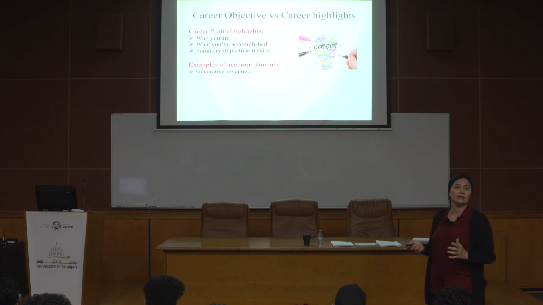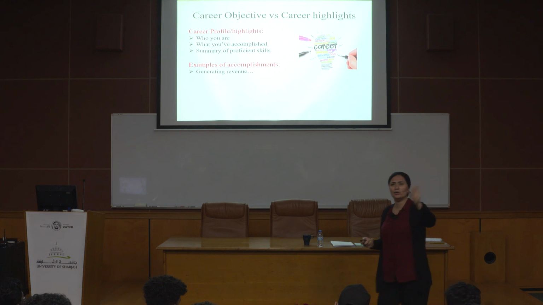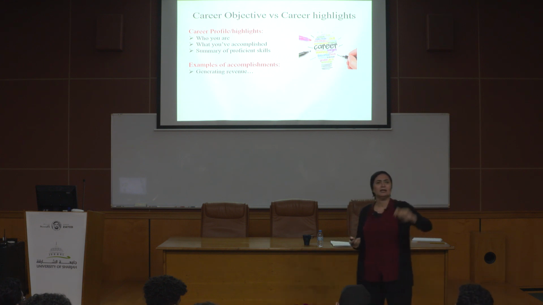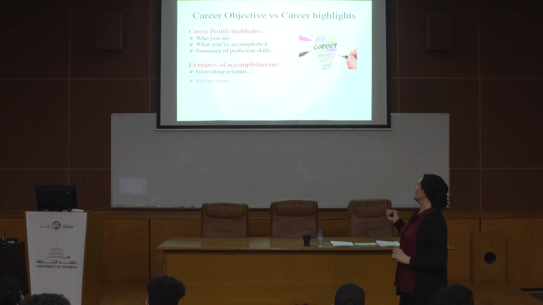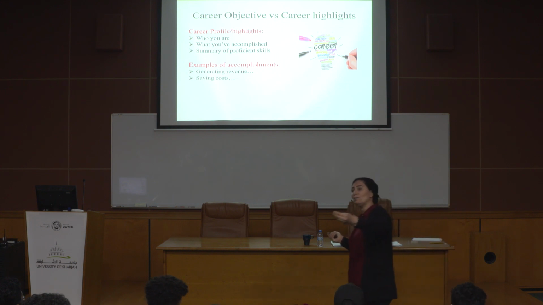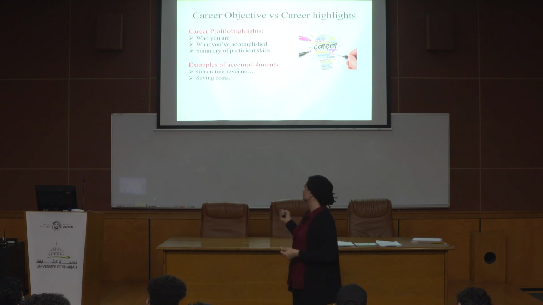If you're working in a company and your career is business, you would write the following: I'm currently working in blah, blah, blah company. One of my achievements is generating revenue, or generating money, and you explain what you did exactly. Saving costs, and this is very important to show the place you are applying to that you are willing to save their costs.